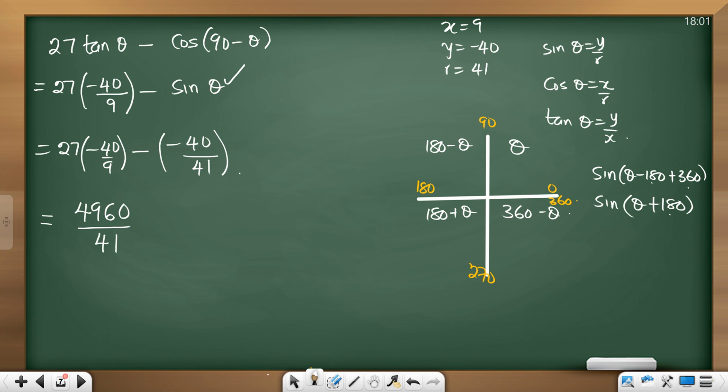Please, let's all confirm now. Negative 4880 over 41. We're done. Makes sense, guys? You can see how simple this thing is. Get your reduction in place. Get your triangle in place. Use your Pythagoras. And you're done.